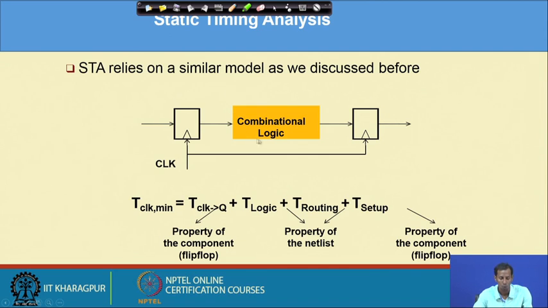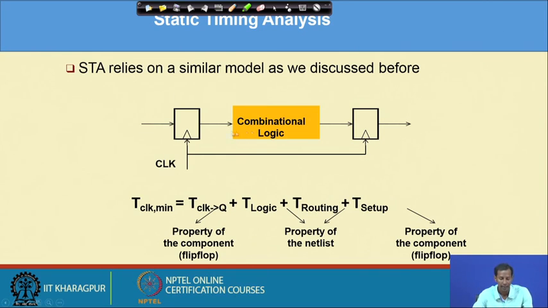Then whatever the logic delay or the corresponding gate delay for this combinational circuit will again be considered. Then this routing is nothing but the net delay.